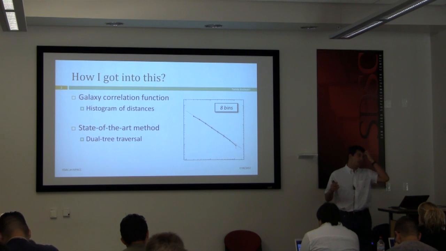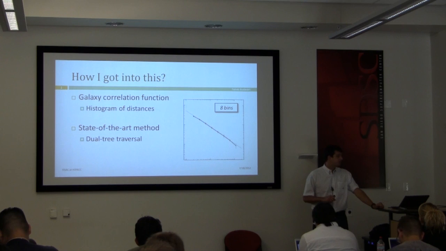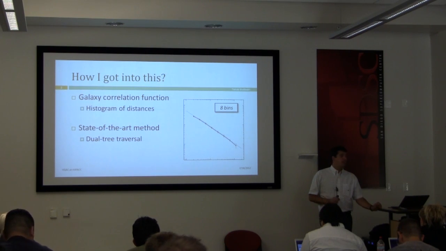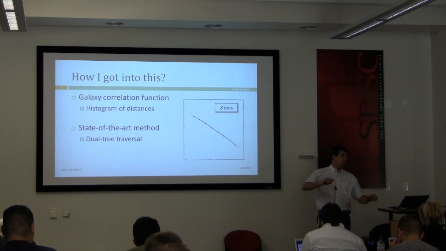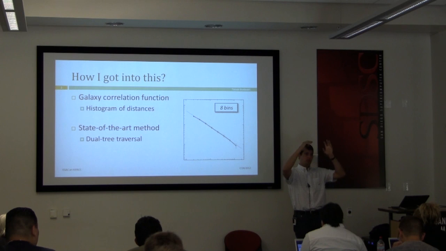And in this particular case, we actually wanted to do something quite a bit different. The state of the art to do these things on really large catalogs is tree algorithms. In tree algorithms, you bin up your objects and essentially you recurse the trees, and there are ways to recurse them in parallel, so we have a dual tree recursion.